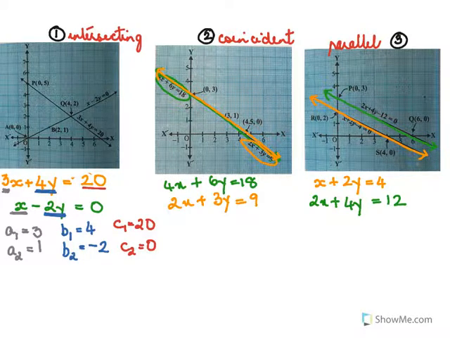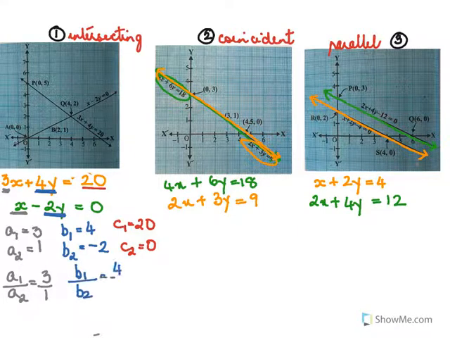Now let us see what the ratio of a1 over a2 is. a1 over a2 in this case is 3 by 1. b1 by b2 is equal to 4 over minus 2, and when I reduce it, I get minus 2.